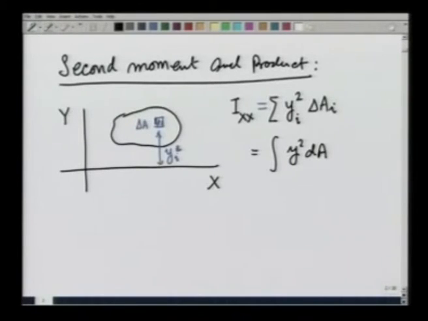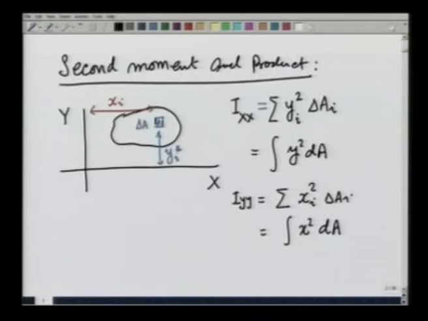Similarly, Iyy, that is the second moment about the y axis, is defined as the distance of the area from the y axis is chosen, and then we write this as summation xi square delta A i, or in the limit of integration this becomes x square dA.